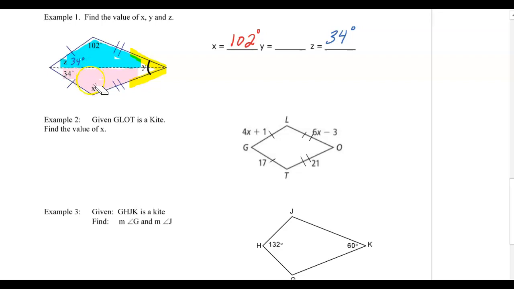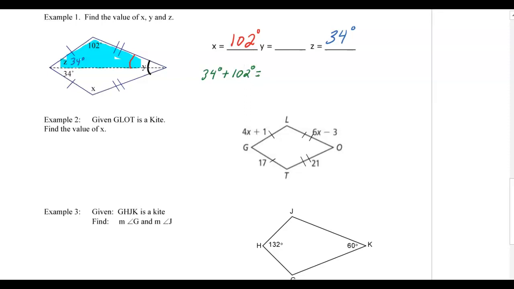Now if I look at the blue triangle, this angle that I'm marking in red plus 34 degrees plus 102 degrees add up to 180. So I'm going to say 34 degrees plus 102 degrees.